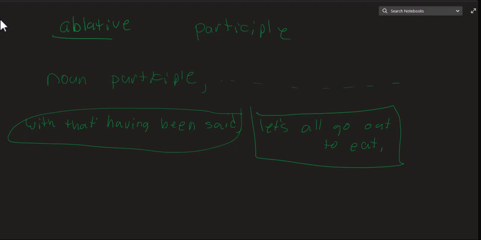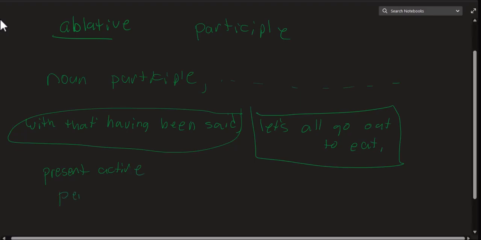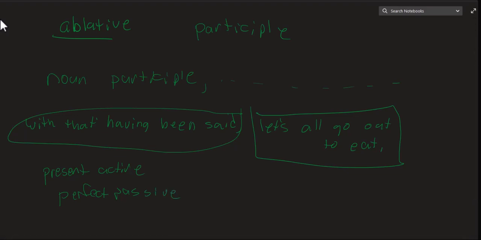Now, in Latin, you can have a present active participle, or you can have a perfect passive participle. You could also have a future active participle and an ablative absolute, but let's not focus on that. Not as likely. Future passive you're going to see in another kind of construction. So you'll be looking for a present active or a perfect passive. So how are you going to recognize that?